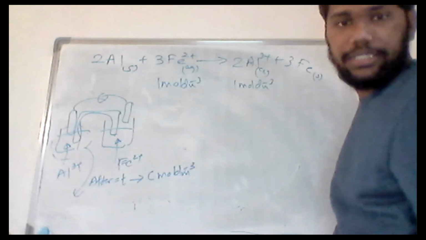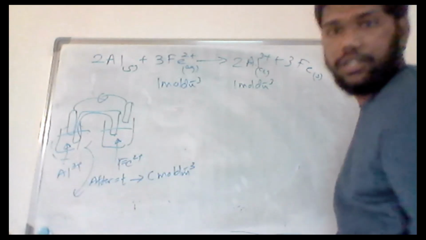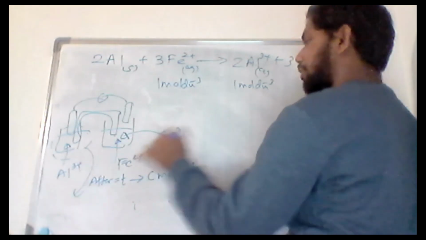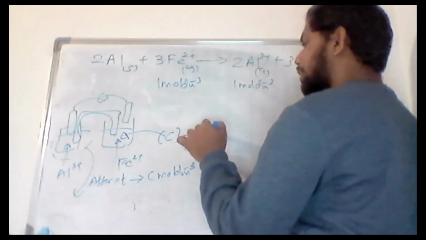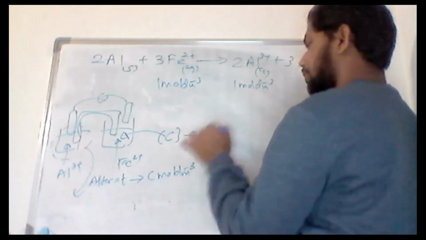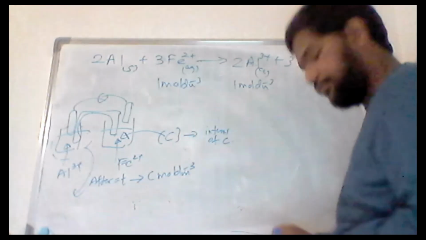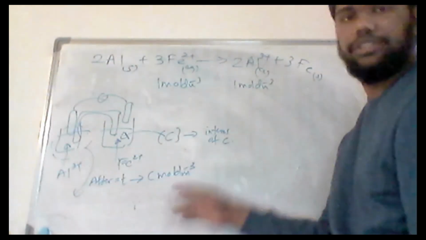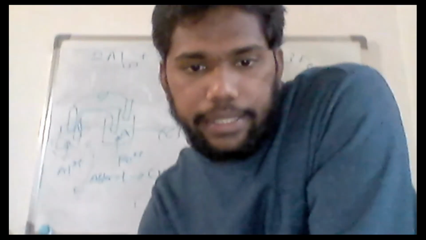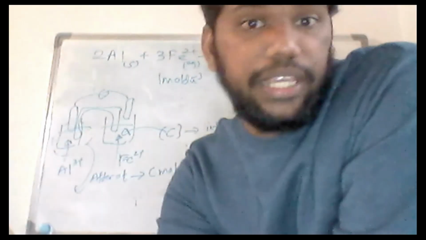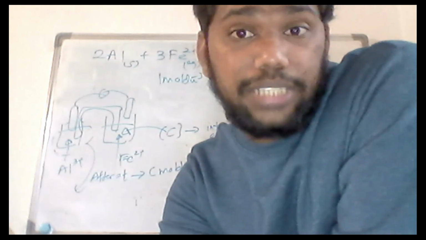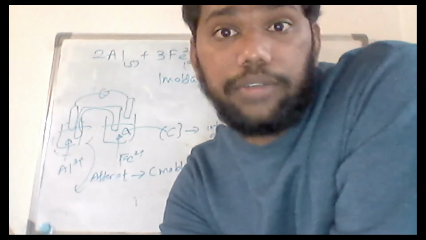And express the concentration of metal ions in the cathode compartment in terms of C. So they are asking what is the concentration here in terms of C. This is the question that they ask after some time t.